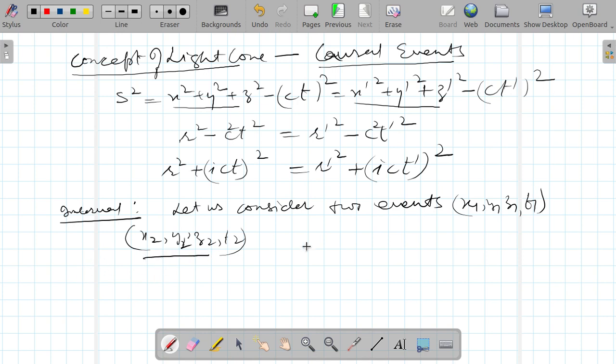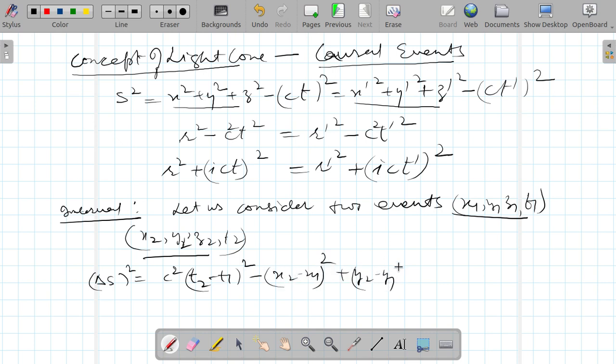So the interval between these two points can be defined as we define in 3D space. This interval can be written as delta s square is equal to c square (t2 minus t1) whole square, it is the simple distance formula. I am extending the three-dimensional distance formula from 3D to 4D, minus (x2 minus x1) whole square minus (y2 minus y1) whole square minus (z2 minus z1) whole square.